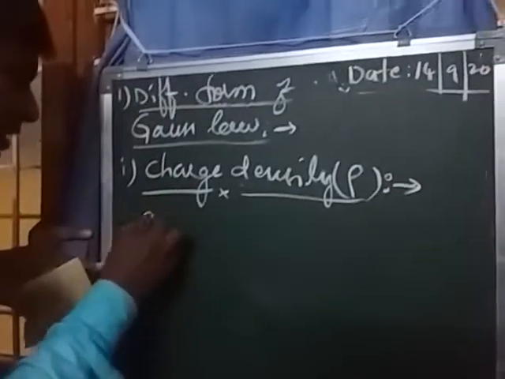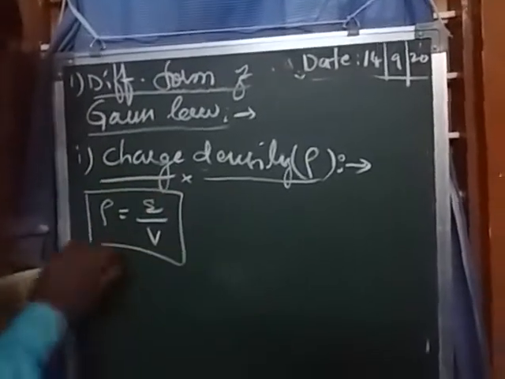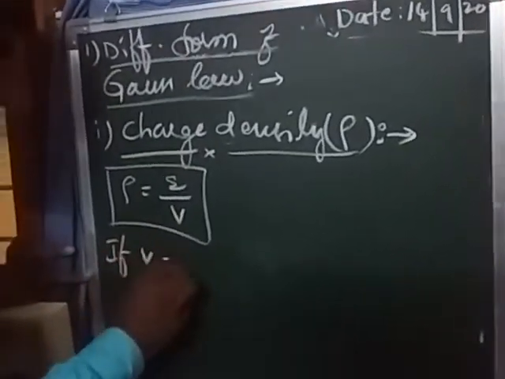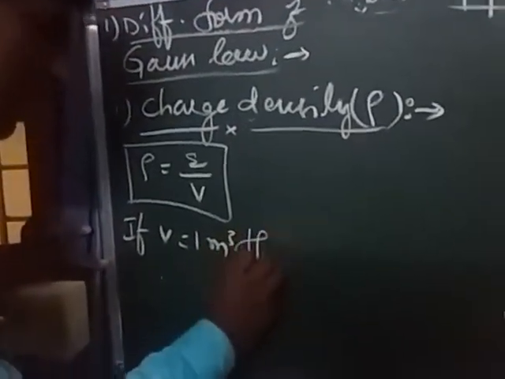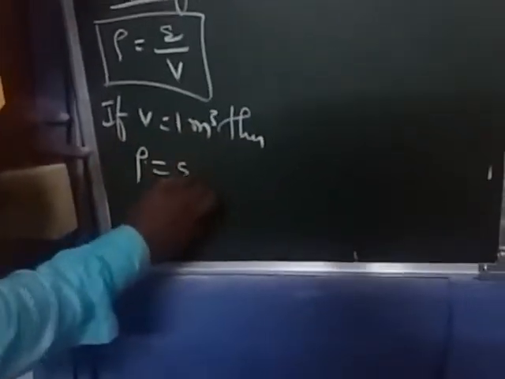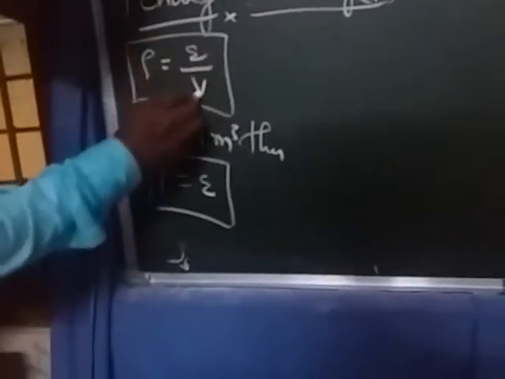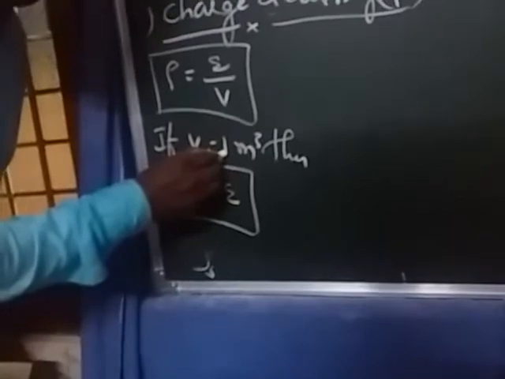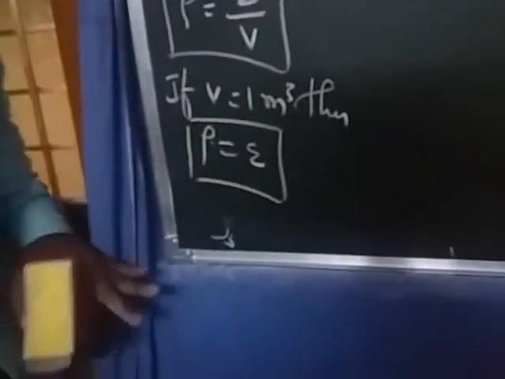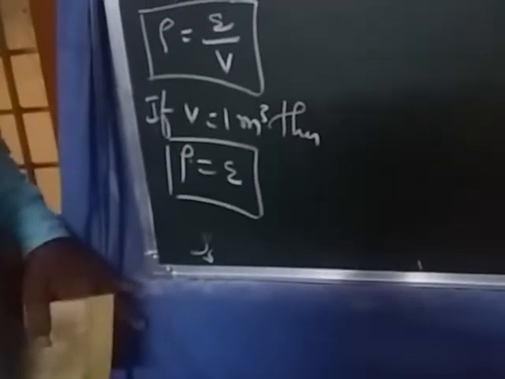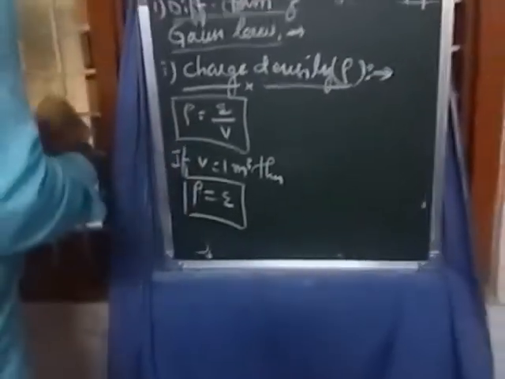Simply, we can write the charge density rho is equal to Q by V. If V is equal to 1 meter cube, then rho is equal to Q. How do we define it? The charge per unit volume of the substance is called the charge density.